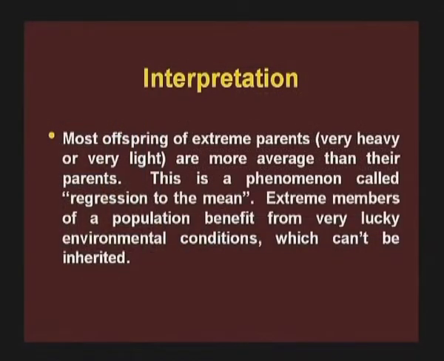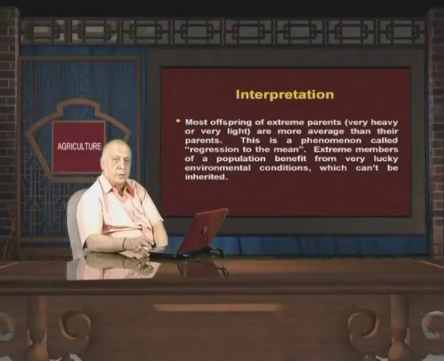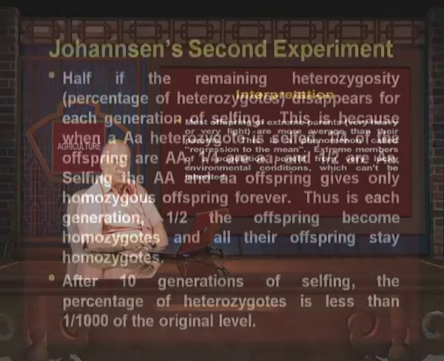Most offspring of extreme parents, that is very heavy or very light, are closer to the average than their parents. This phenomenon is called regression to the mean. Extreme members of a population benefit from very lucky environmental conditions, which can't be inherited. A lucky environmental condition means a favorable condition which allows genetic potential to express fully.